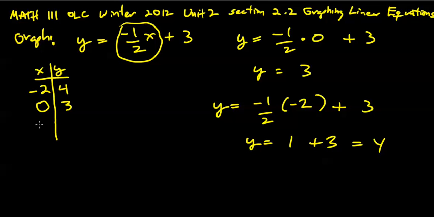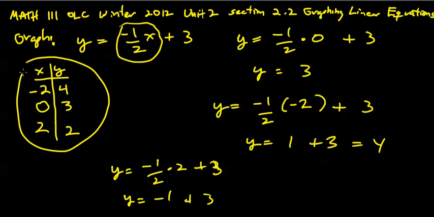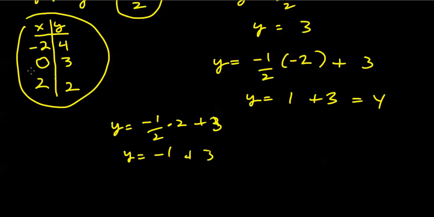And again, let's pick another multiple of 2. When x is 2, I can solve for y hopefully easily. So 2 times minus 1/2 is, of course, negative 1, and negative 1 plus 3 is positive 2, right? So using this table of values here, 3 points is plenty. I can graph this line equation.